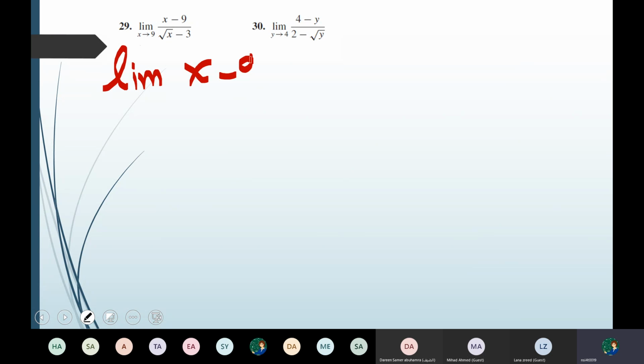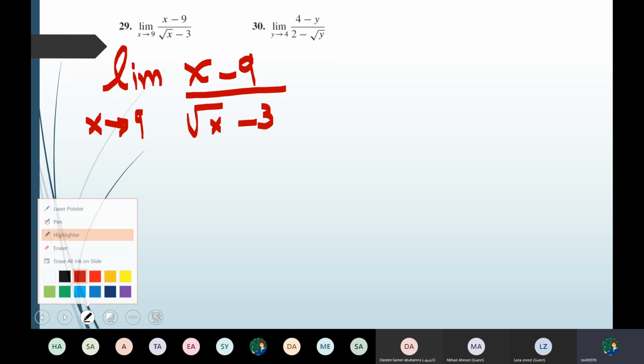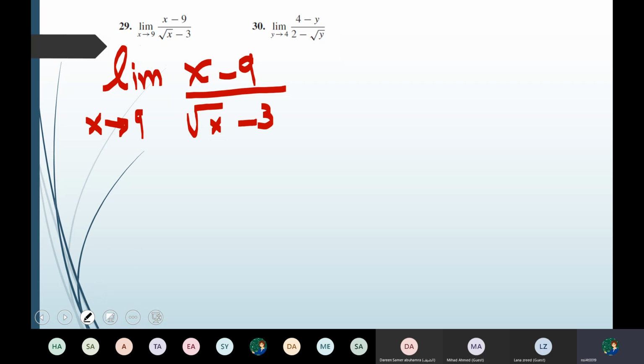Now the other way: limit of (x minus 9) over (square root of x minus 3) when x approaches 9. X minus 9, can you factorize it? Yes, girls, can you factorize it?